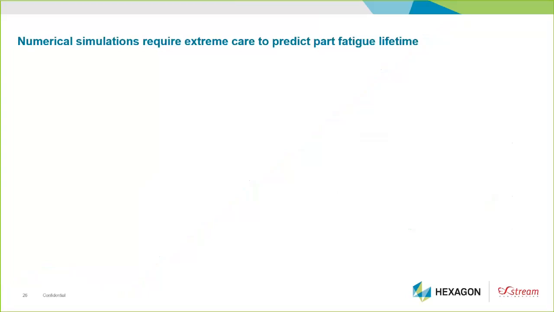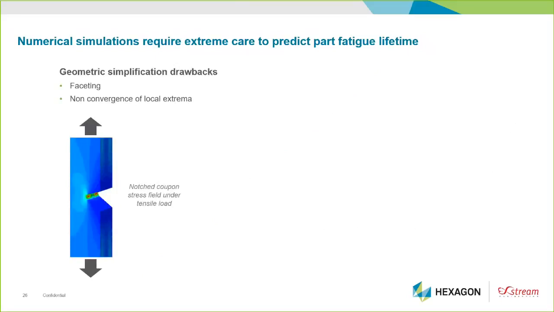The thing is, we tend to make too many assumptions with respect to fatigue lifetime prediction, and here we need to balance those assumptions. First, we have a simplistic description of reality using faceted geometry, and this leaves, whatever the mesh fineness, non-converging or hardly converging local extrema.